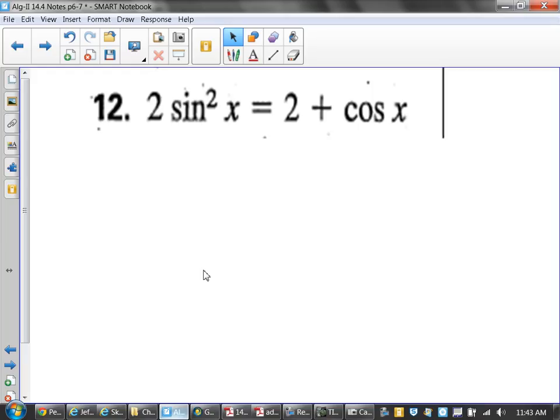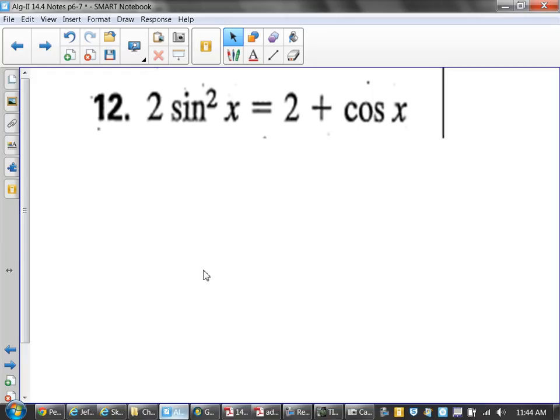When you see 2 different trig functions going on, and one of them is squared and the other one is not, your idea is to rewrite them into the same trig function, the lesser degree trig function. Which of these 2 has the smaller degree, sine squared or cosine?